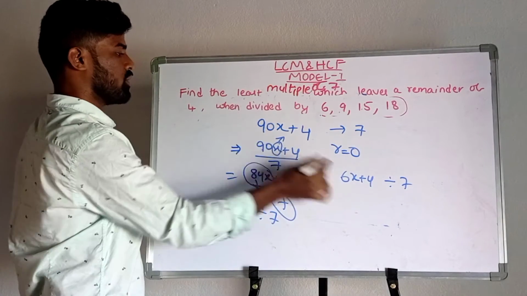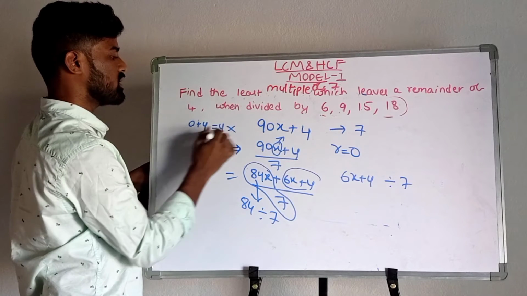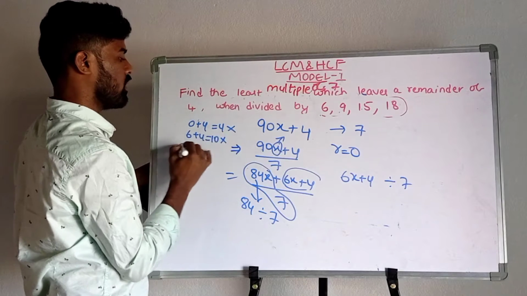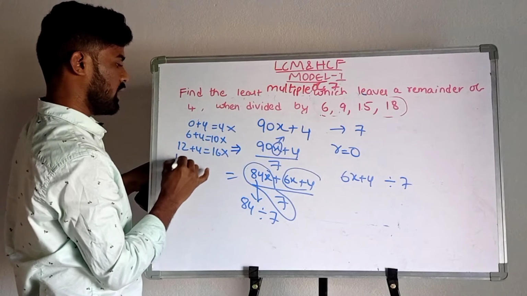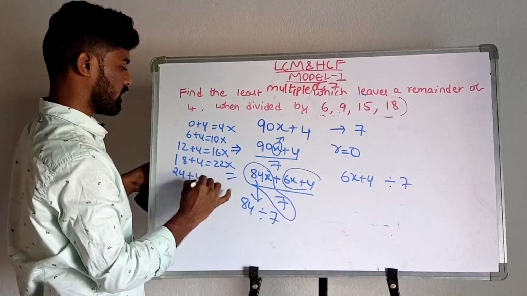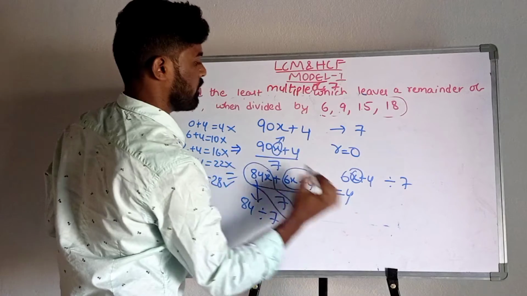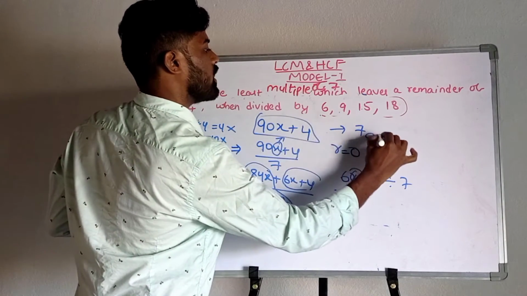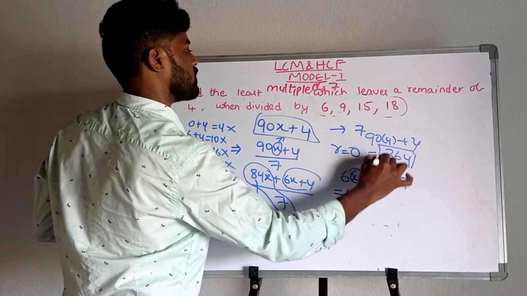First we substitute x as 0: 0 plus 4, 4 not divisible by 7. 1: 6 plus 4, 10 not divisible by 7. 2: 12 plus 4, 16 not divisible. 3: 18 plus 4, 22 not divisible. 4: 24 plus 4, 28 which is divisible by 7. That means our value of x is 4. Now we substitute the value of x in our general term: 90 into 4, 360 plus 4 which will become 364 is our answer.